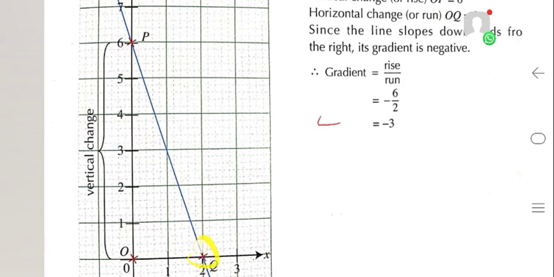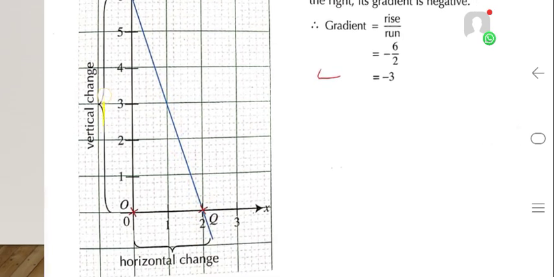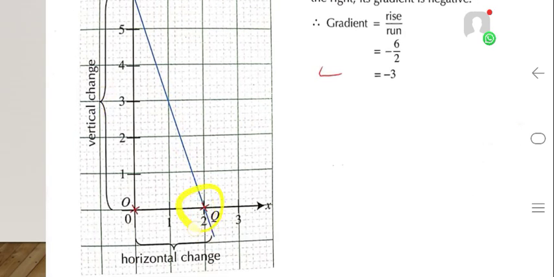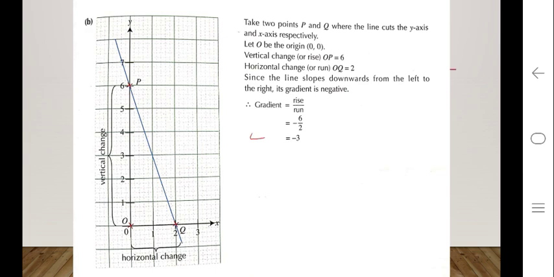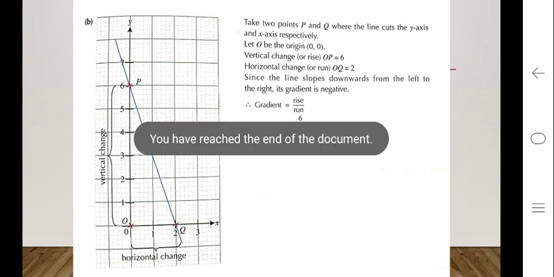If I want to take it from here to here, I also can do it. Let's try from here to this (1, 3). So run is 1, rise is 3, so 3 over 1, 3. Still the same, and also negative because it is downwards. Easy, right?